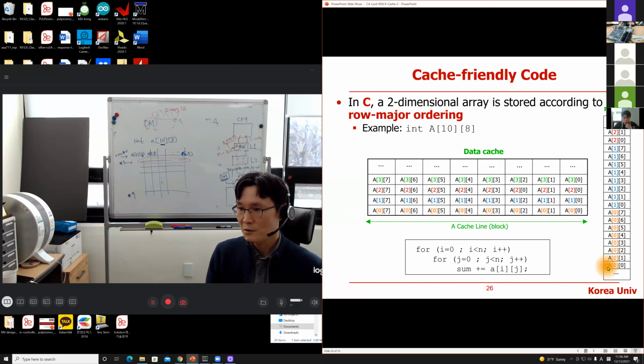When you access A00, you have a cache miss, then the whole memory block is stored into the cache. Here the cache line size is 8 words. So the first access is a cache miss, but the second is a cache hit, the third is a cache hit, so you would have many cache hits, whereas with the first code you have cache misses.